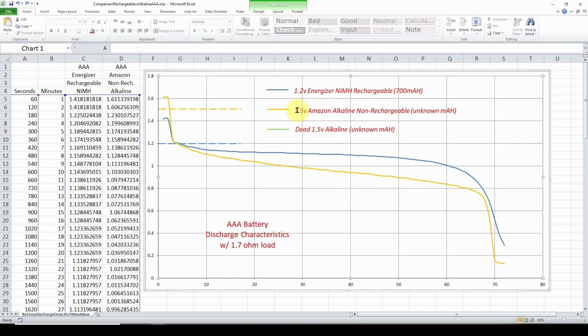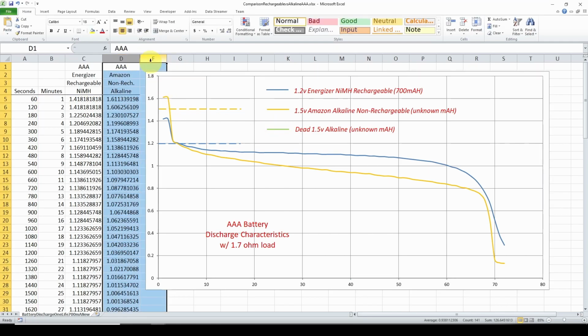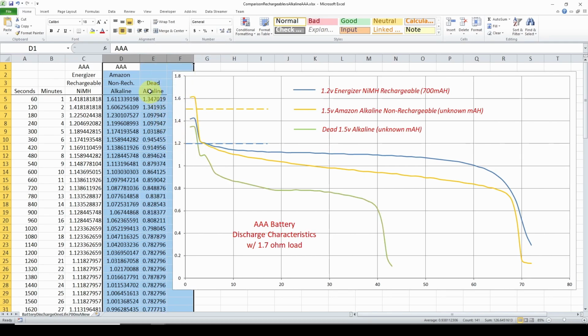Now, what I also did is after this alkaline non-rechargeable drained down to nothing, this is after 70 minutes, you can see it got down here. After a few hours, I reconnected that alkaline battery to a load, and we can see what the result is for a dead battery. And in red here, I've got the results of this alkaline after it's been totally discharged.